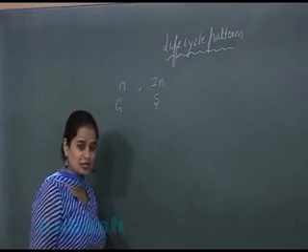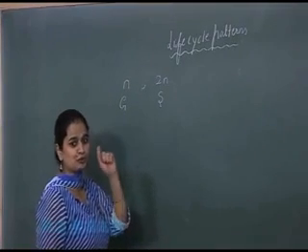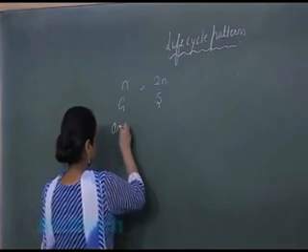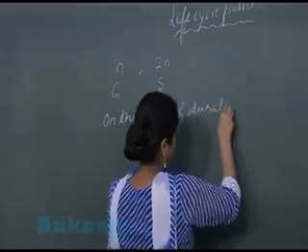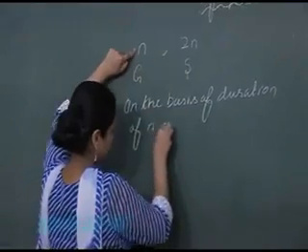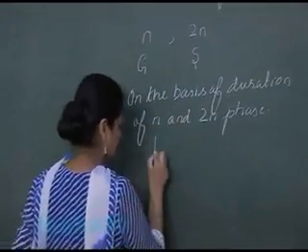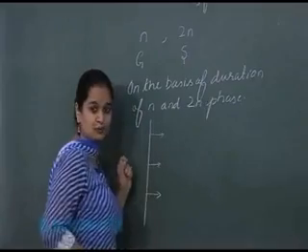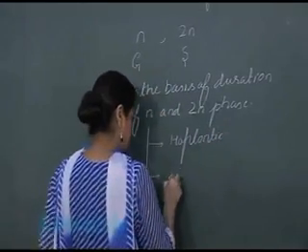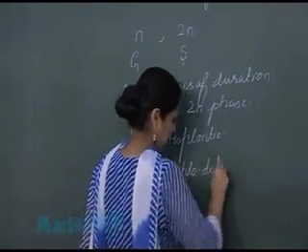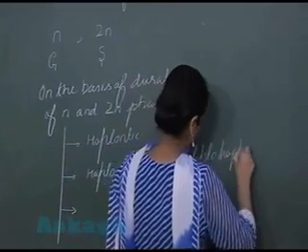Now, on the basis of duration of haploid and diploid phase, the life cycle patterns can be mainly distinguished into three types, that is haplontic life cycle, then haplodiplontic, or diplohaplontic life cycle.